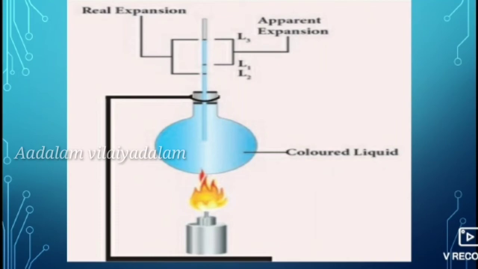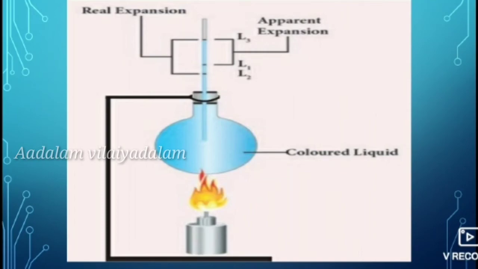Initially the container receives the heat energy and expands, so the level of the liquid is reduced due to the expansion of the container. Mark the reduced level L2. On further continuous heating, heat energy is supplied to the liquid, and the resulting expansion of the liquid takes place. Hence the level rises; mark it as L3.